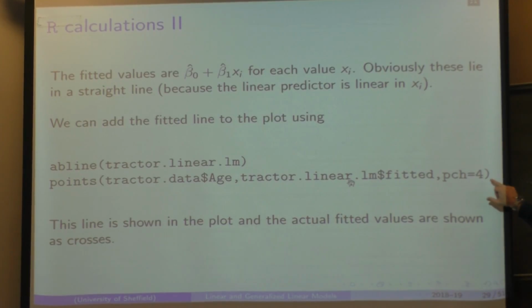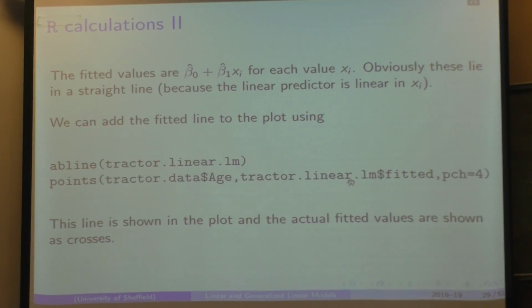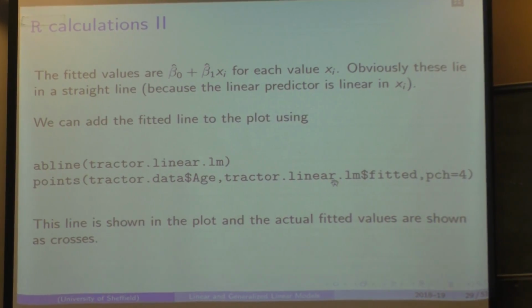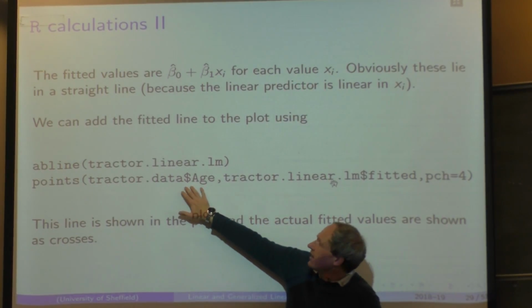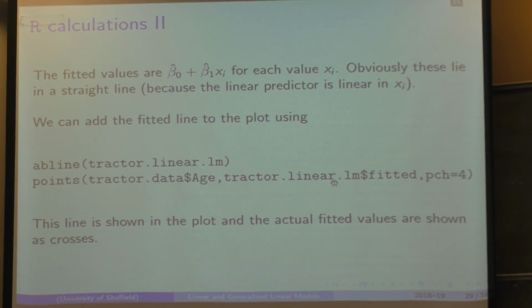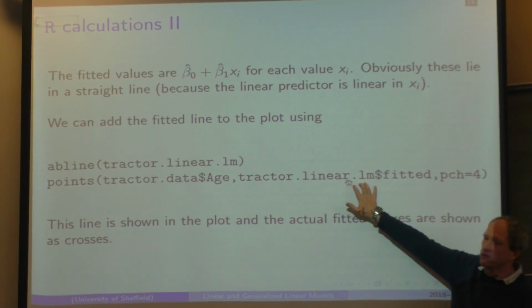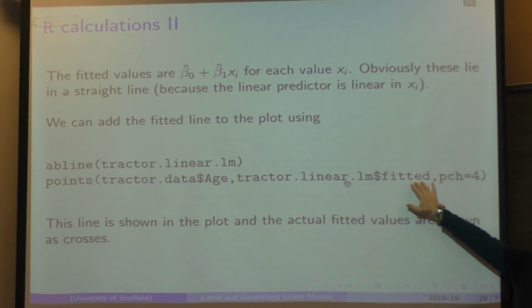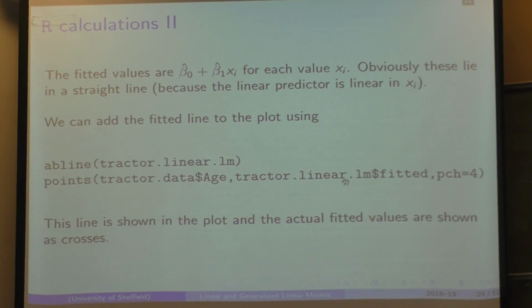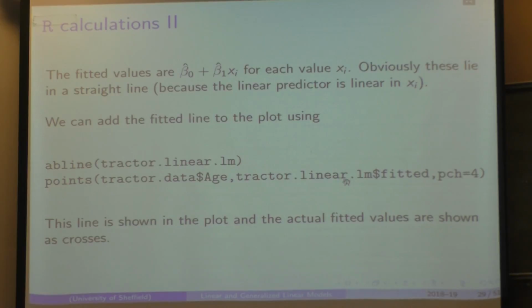And this second line, using the function points, adds points to a plot which already exists. So the age here is the age from the tractor data set, and tractor.linear.lm$fitted extracts the fitted values in the model from the tractor.linear.lm object.